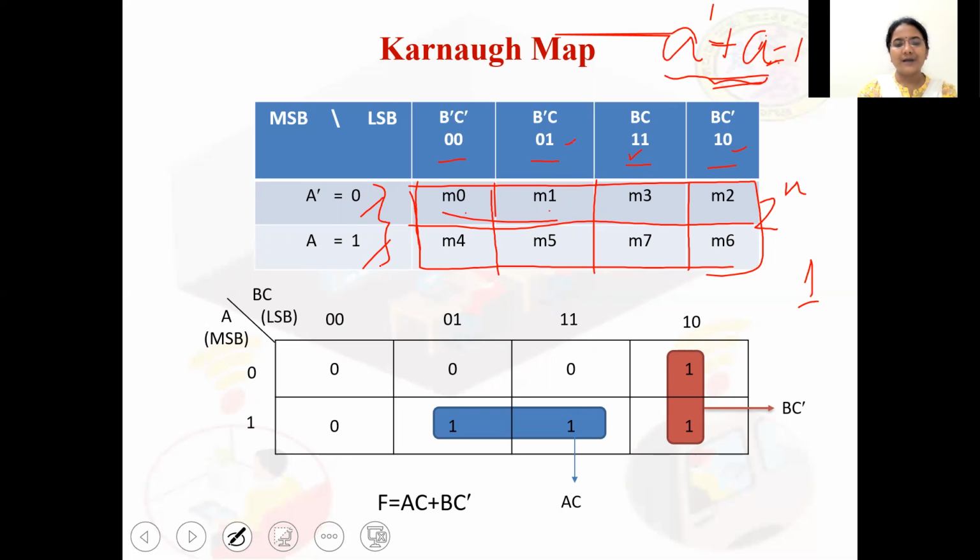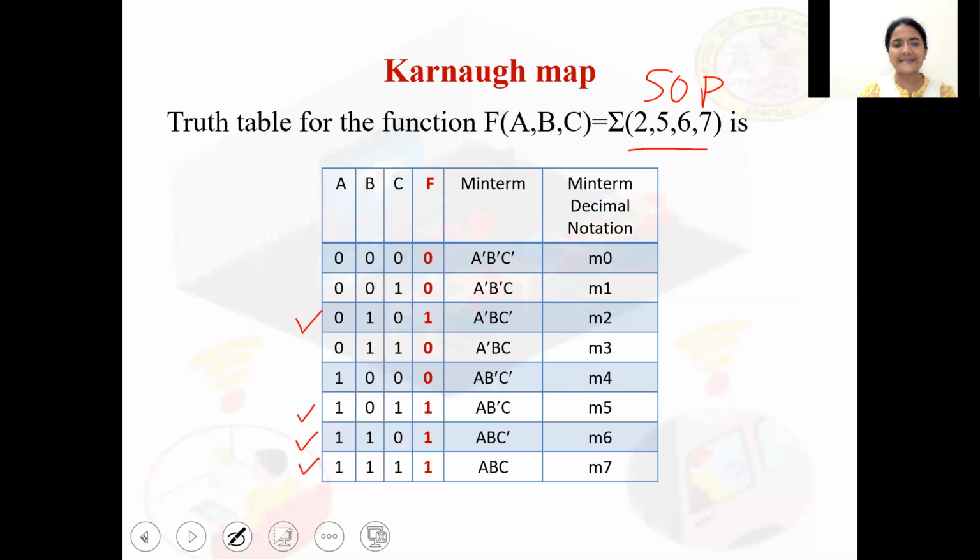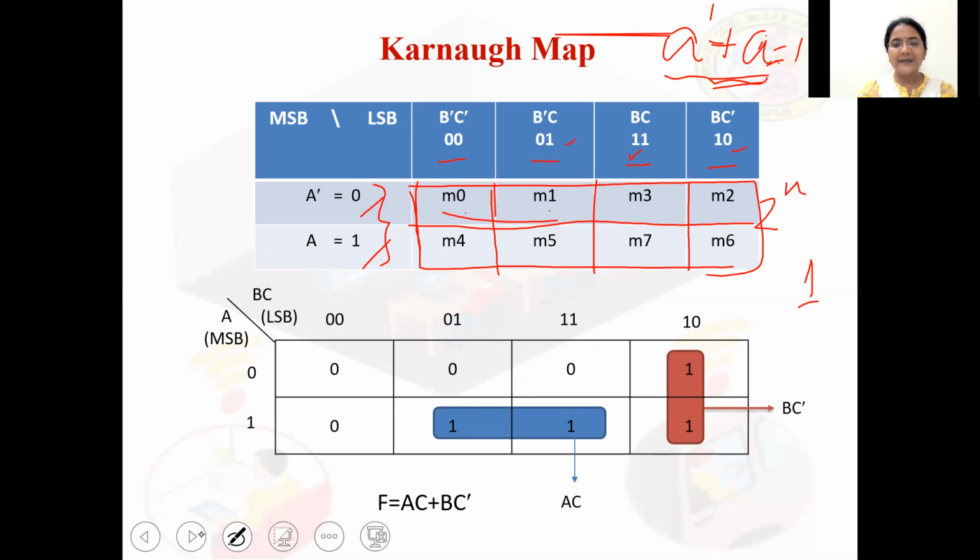Now, what is the function that we have here? 2 5 6 7. For the minterms 2, 5, and then 6, 7, we have logic high. After writing the K-map, entering the minterms and the logic high for the respective minterms, we have to group.